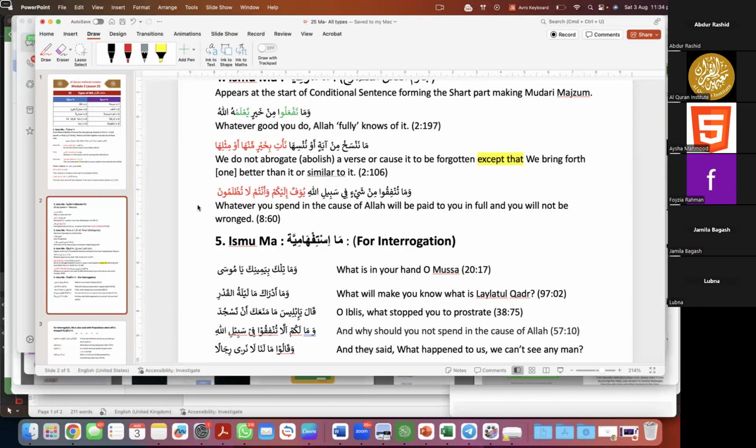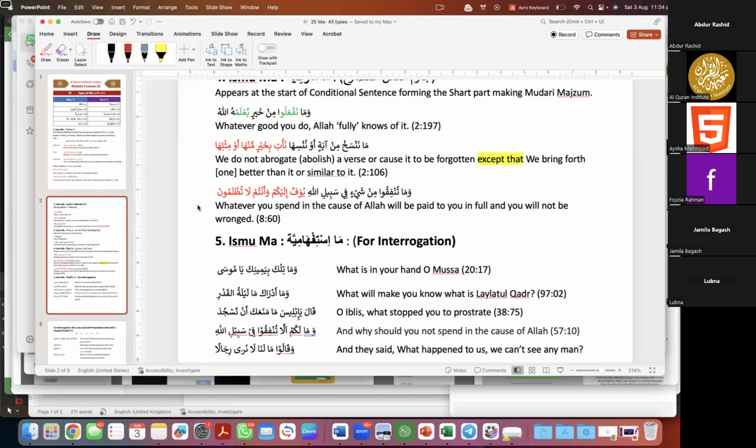It's beyond that, it's special. You remember the Hal chapter, and we said there are 3 types of Hal. One of them is Wawul Halia, and one of them is Jumlatul Halia.